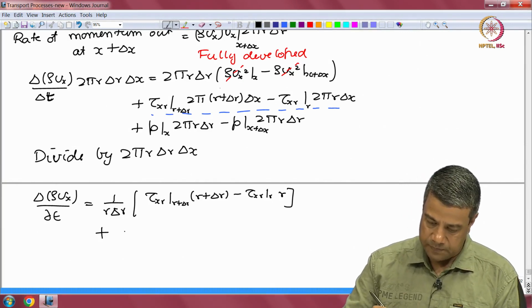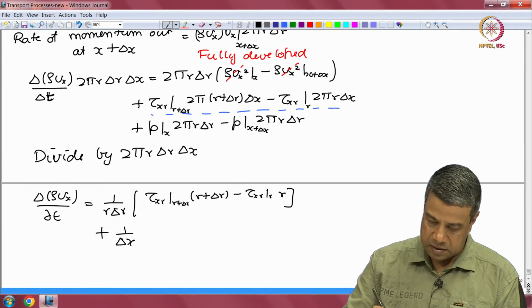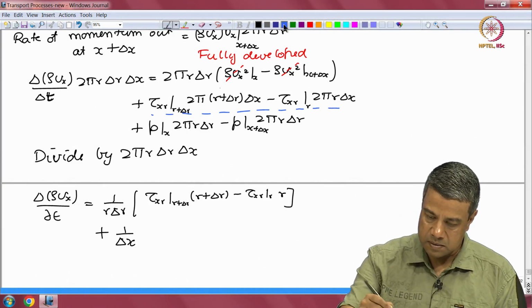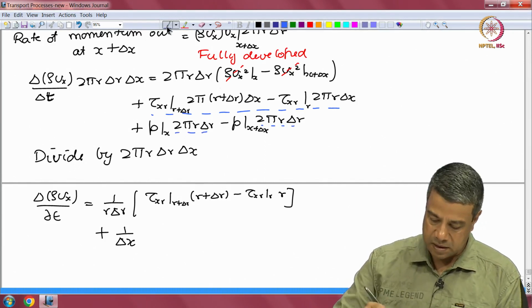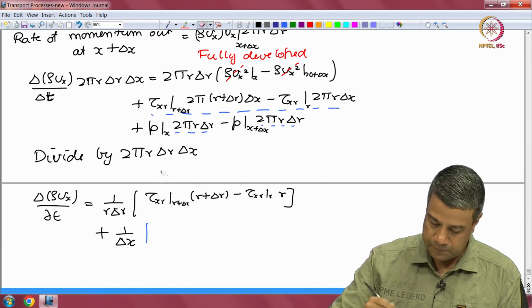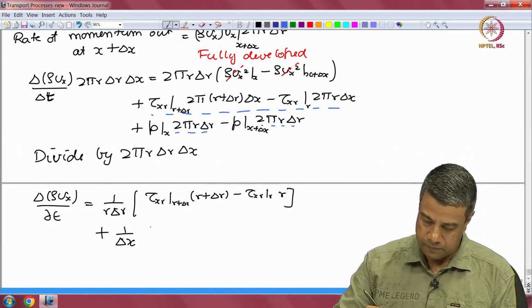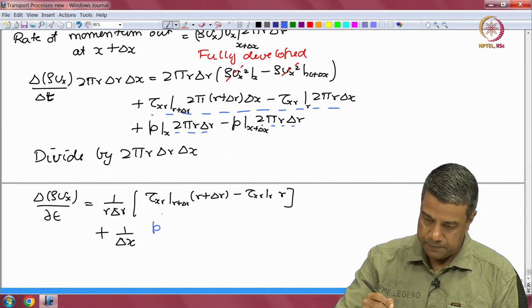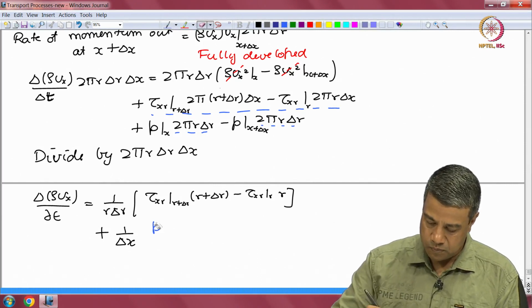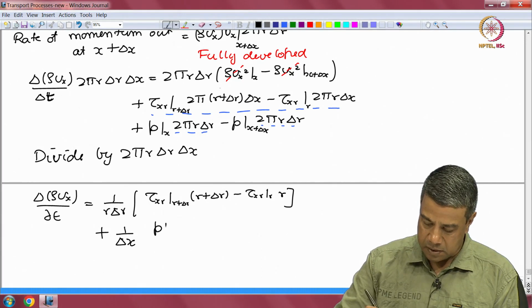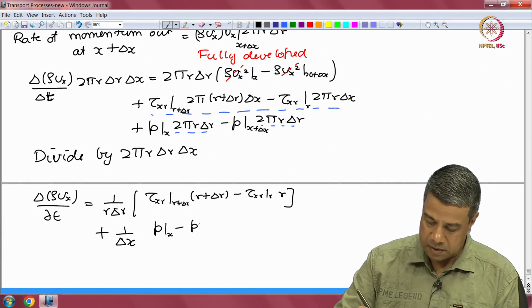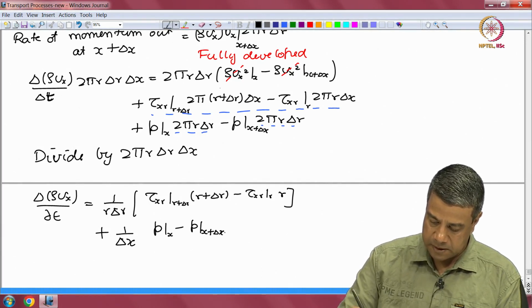Plus, 1 over delta x. Note that these two terms do not have a delta x in them. So, therefore, when I divide by delta x, I get a 1 over delta x into p at the location x minus p at the location x plus delta x.